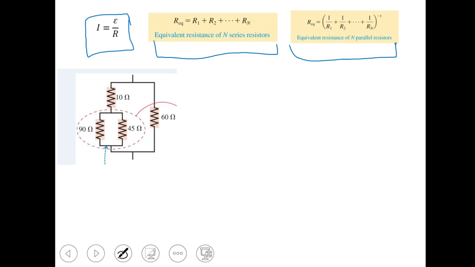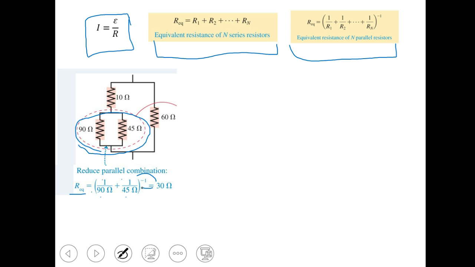When I look at this circuit, I see this as my first simplification. I've got these two resistors. I've got a 45 ohm resistor and a 90 ohm resistor, and they're in parallel, so I need to simplify those first. And to get their equivalent resistance, I simply need to add 1 over 90 plus 1 over 45, and then raise that to the negative 1 power.